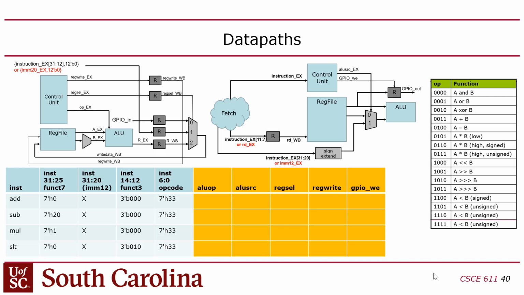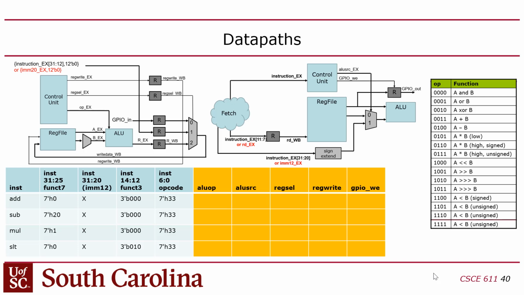Okay, so how do you build the control unit? This part is going to increase your code size, but it's basically just an if then else. For example, if the instruction that's been fetched, which is whatever's on instruction EX, is an add, how do I know it's an add?